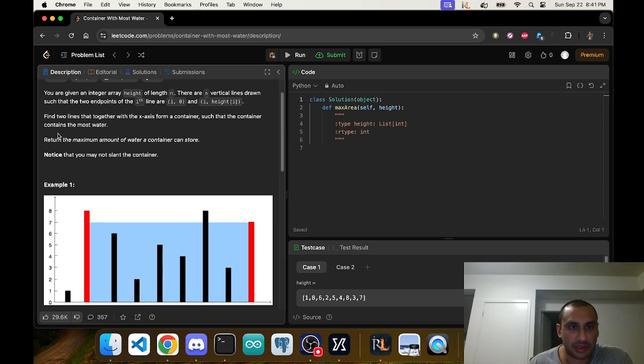Find the two lines that together with the x-axis form a container such that the container contains the most water.